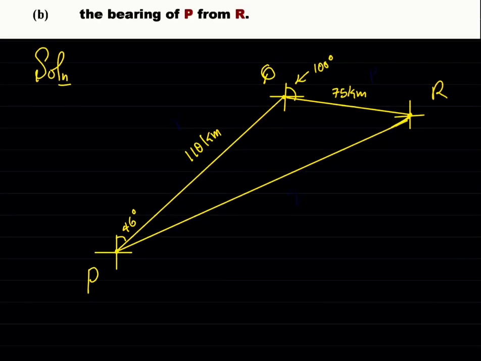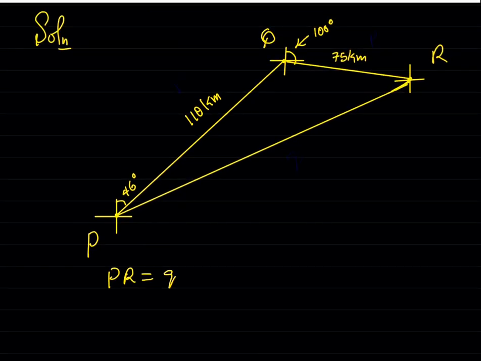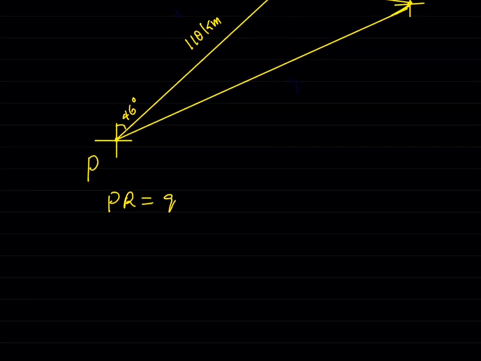So what I'm looking for, PR, is the same thing as small q. In working this out, I'm going to use what we call the cosine rule. I'm going to use this diagram to deduce my own cosine rule.